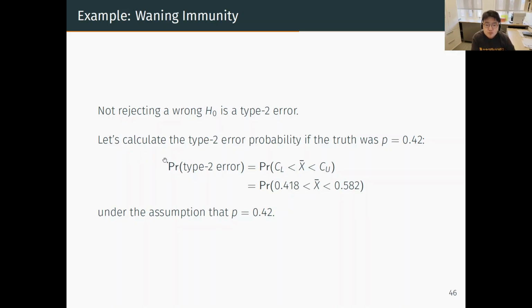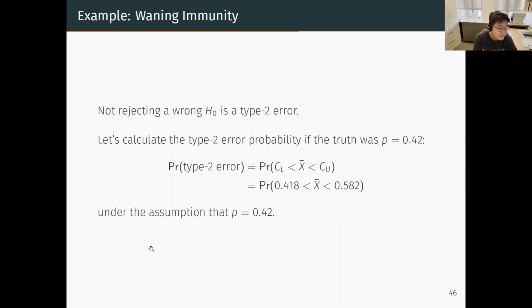So we are calculating the probability of type 2 error, which is the probability of not rejecting the null hypothesis. Not rejecting the null hypothesis means the sample average is between the critical values. That's when you don't reject. So if the sample average is between these two numbers, that is type 2 error.